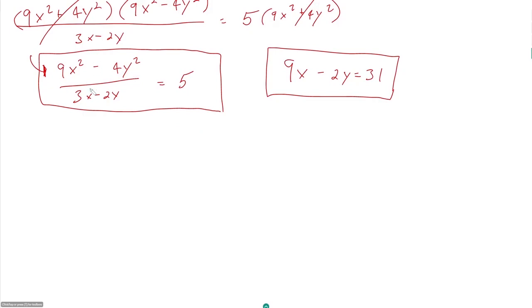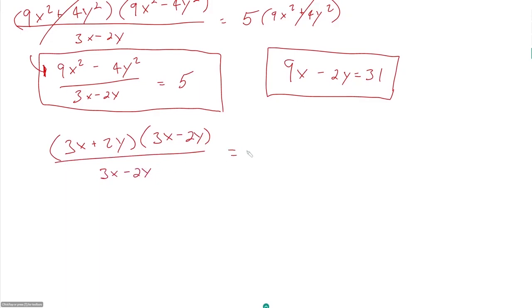If I put this difference of squares in its factored form, it would be 3x plus 2y times 3x minus 2y all over 3x minus 2y is equal to 5. I still have the other equation as well.